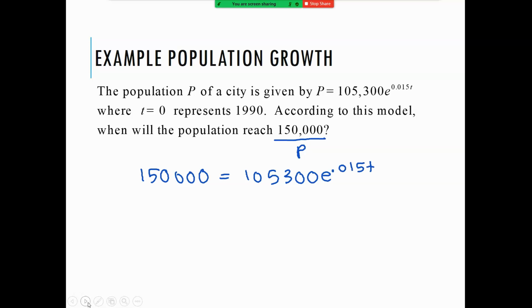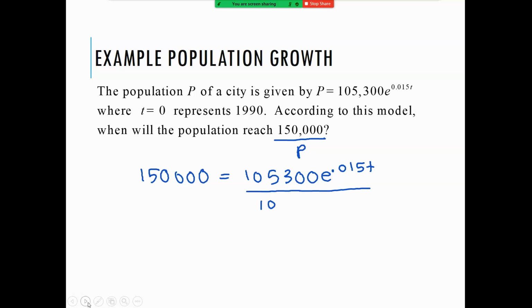Now it would just depend. If this were a calculator problem, then I would tell you to put this in y1 and this in y2 and find their intersection to save you time. If it was a non-calculator problem or a multiple choice, then you would have to solve it by hand.